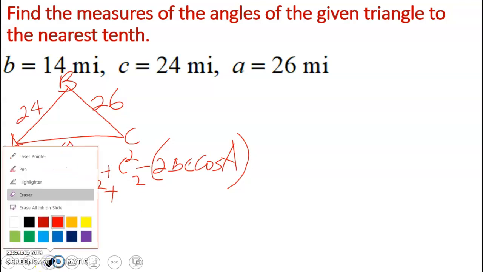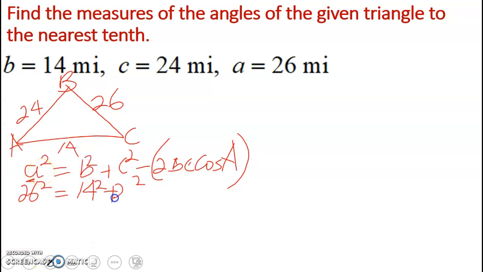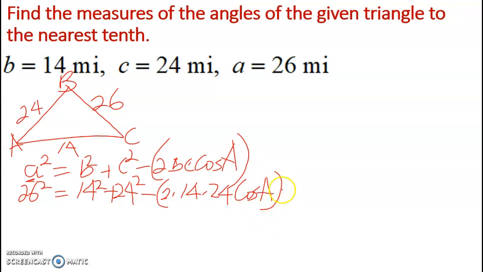Again, that's 24 minus 2 times 14 times 24 times cosine A, which we're looking for, so we don't have it. That would be the only variable we have here. Then simplify everything.